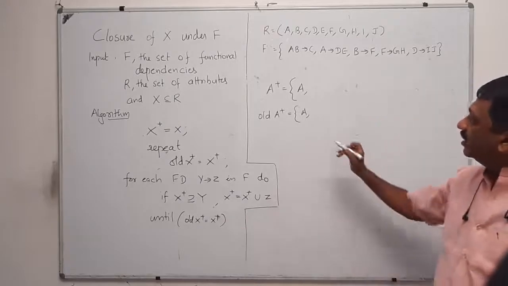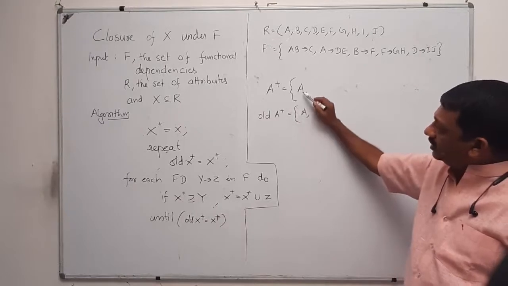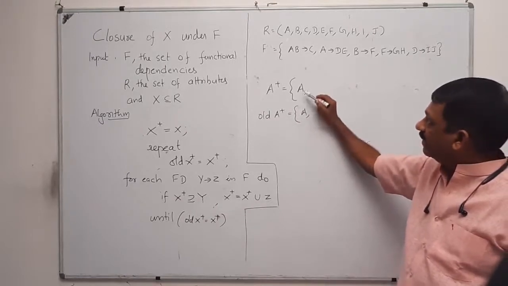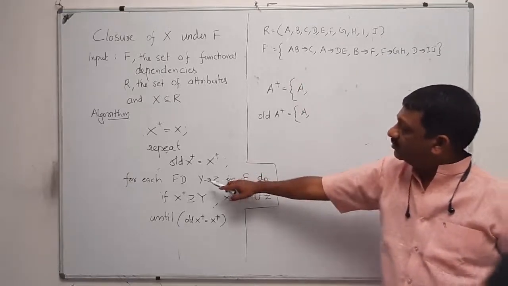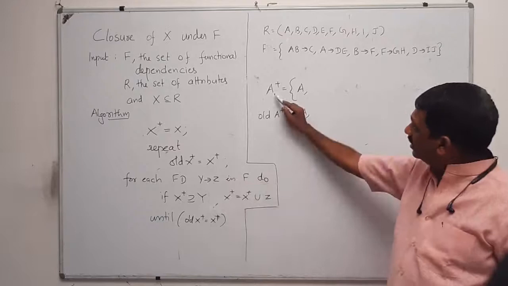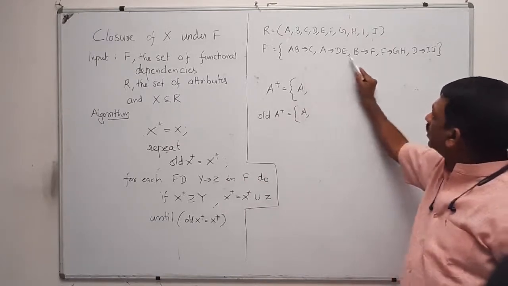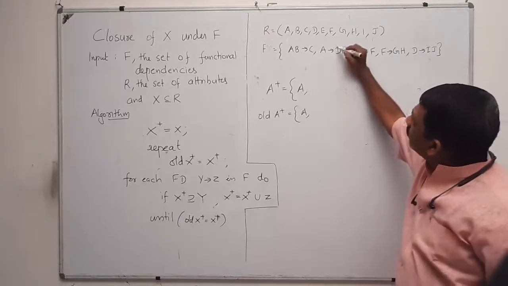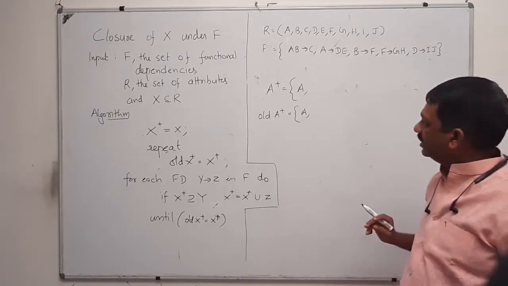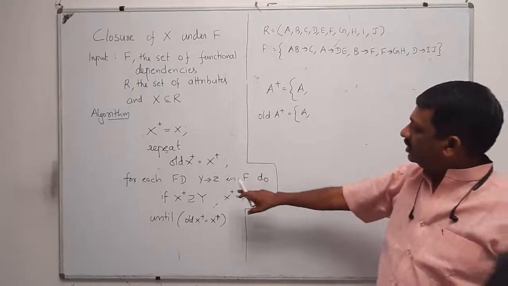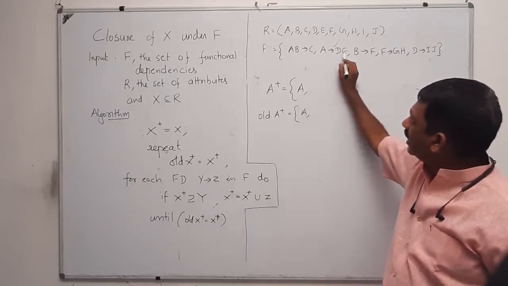A plus has A, and you look at the left hand side of each expression. If A is there in A plus, then look at the left hand side. For this functional dependency, A determines DE, this A is a member of A plus, so you have to include the right hand side.